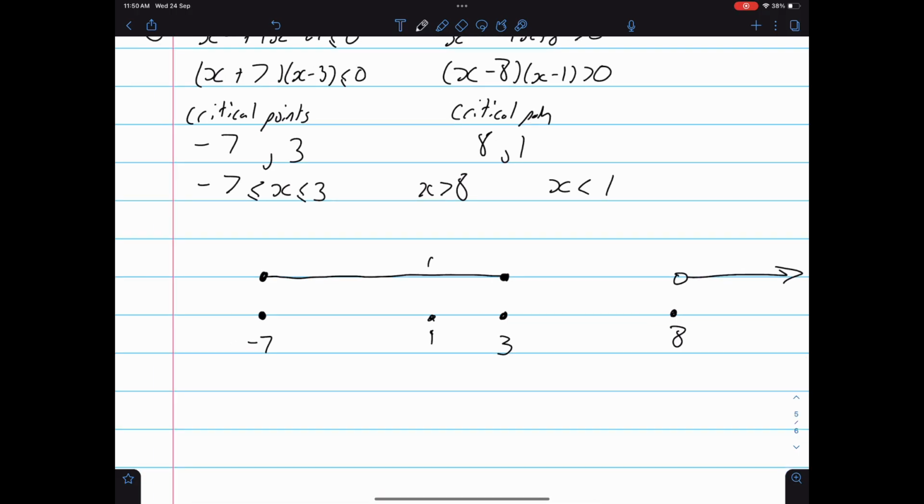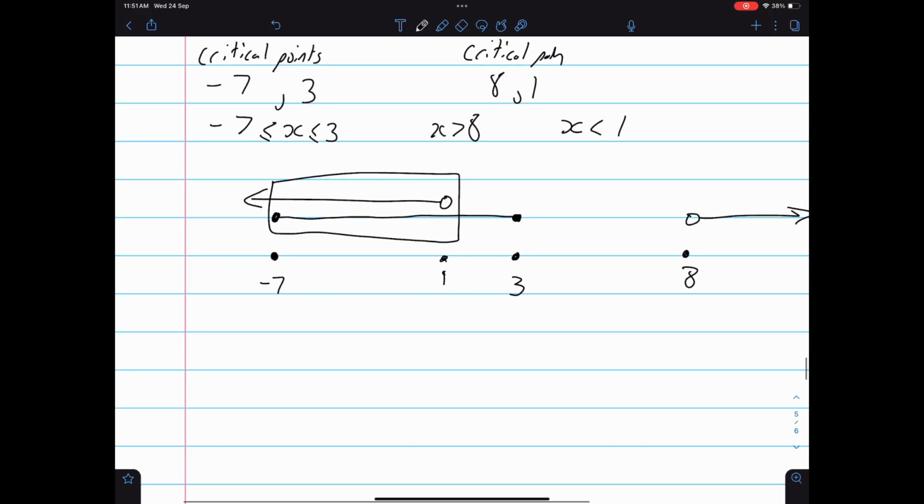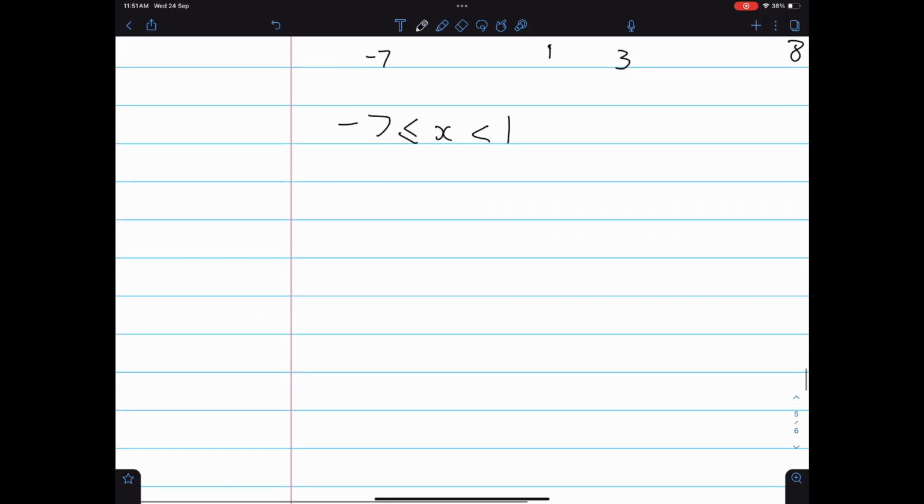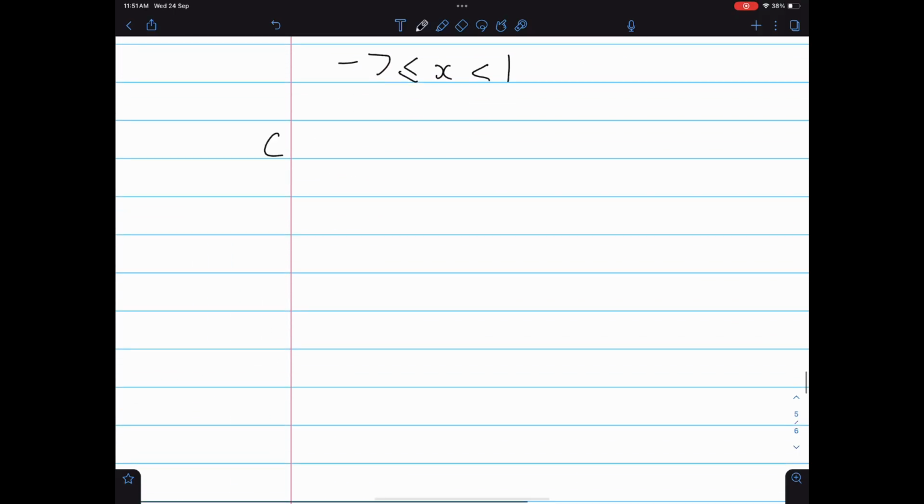Then this 1 here, sorry, wrong direction, can go like this. And so we can see at this point here, we've got something from both inequalities overlapping. And that's between minus 7, but it has to be less than 1. See, a similar thing again.